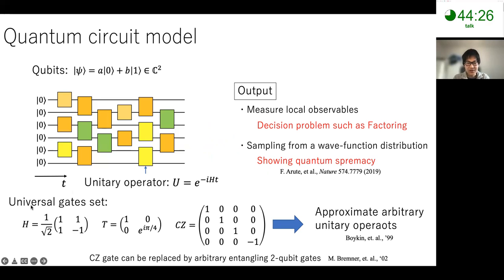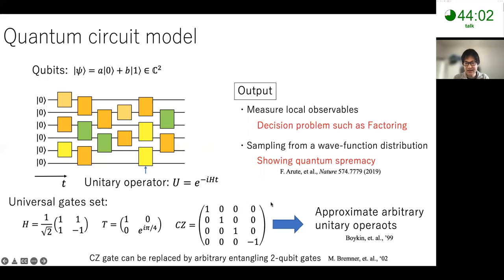And it's known that we can generate an arbitrary quantum circuit by using only these 3 unitary gates. The first one is the Hadamard gate. This is a single qubit gate written in this form. The second one is the T gate, which is also a single qubit gate written in this form.